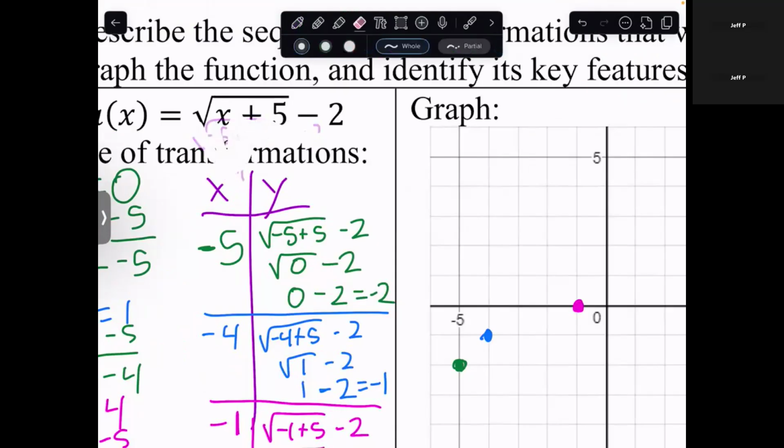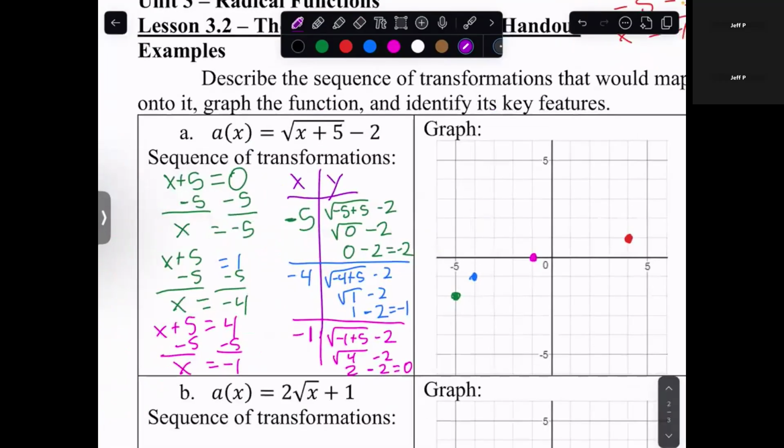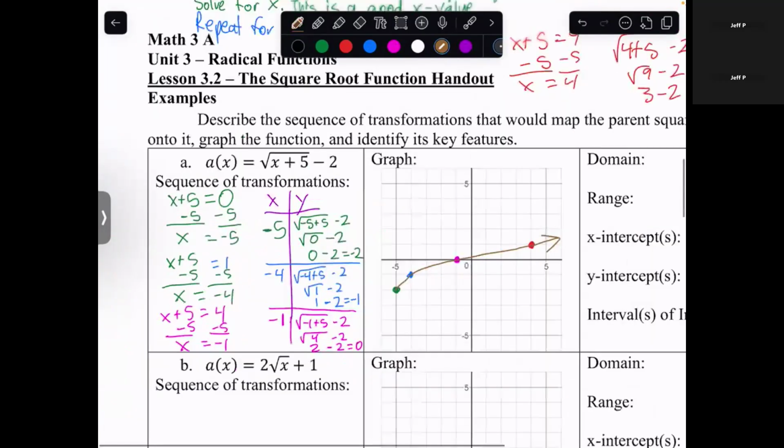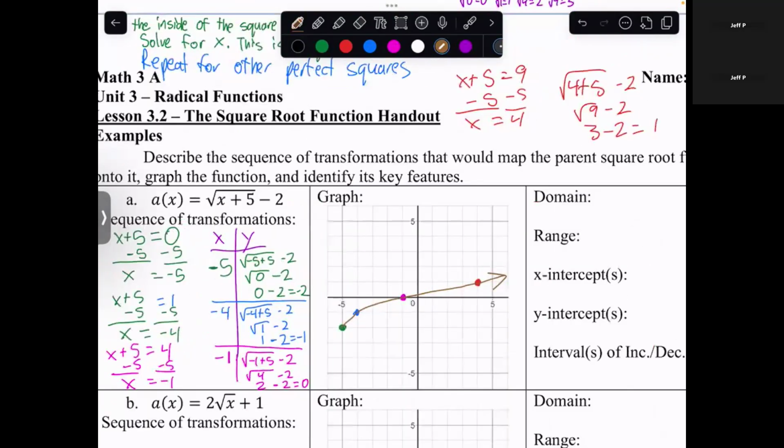So -5 is the furthest left you can go, so no arrow on that end. But we do draw an arrow to the right.